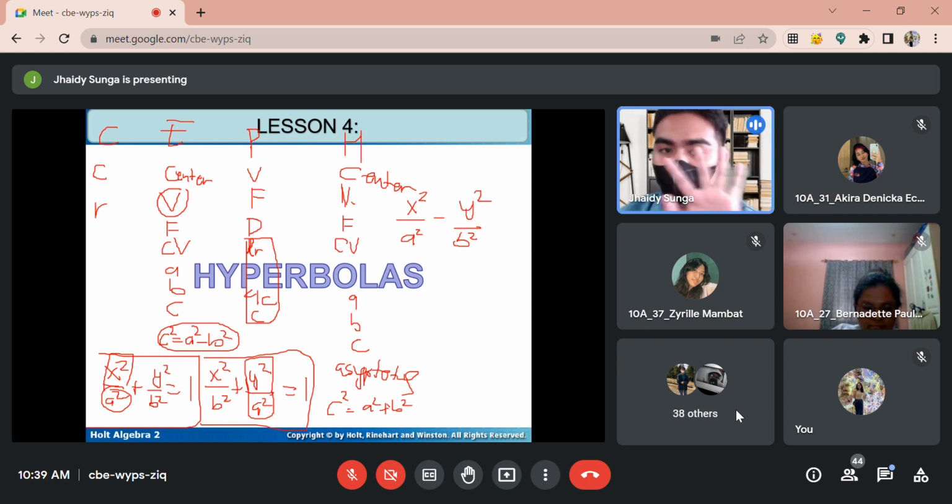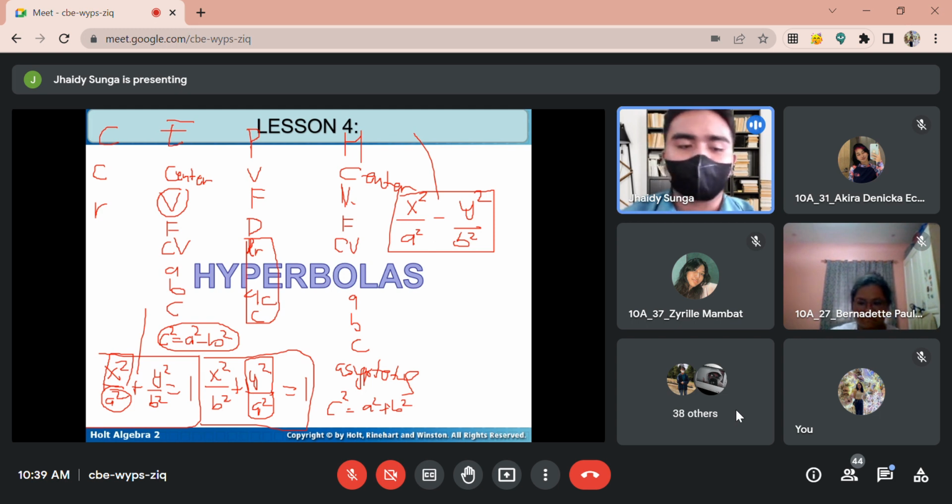The difference between the two is that the operation in ellipse is positive, while the operation in hyperbola is negative. This is when the axis we are referring to is the x-axis. But what if it is the y-axis?